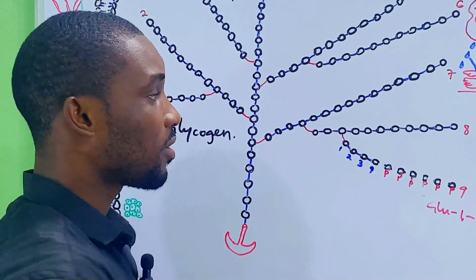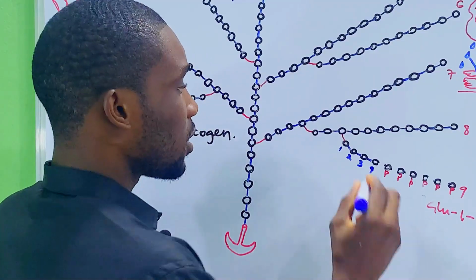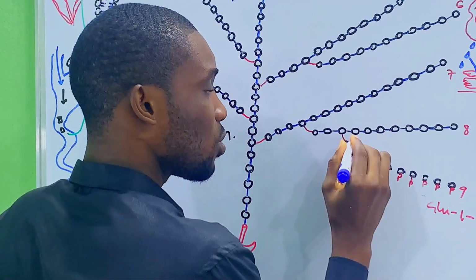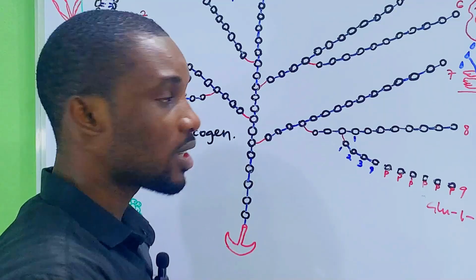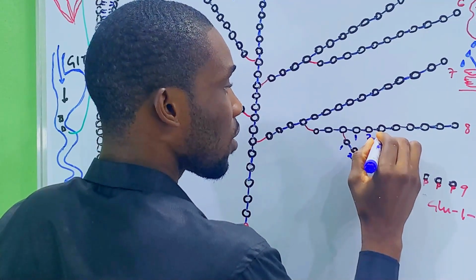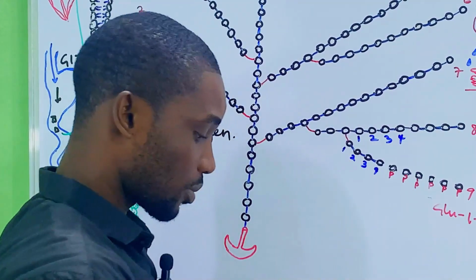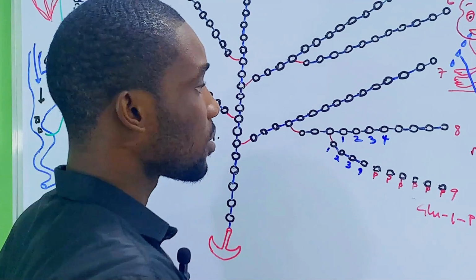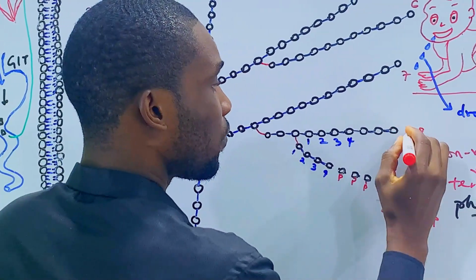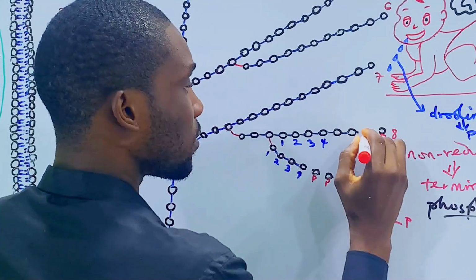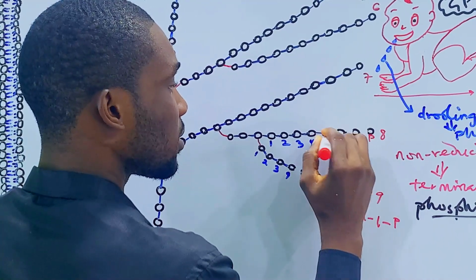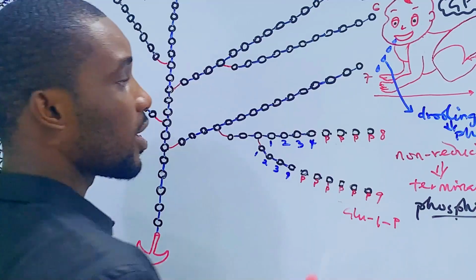So you can count it with me. This is the first glucose molecule from the branch point, right? Second, third, fourth. So what happens? Phosphorylases, phosphorylases, phosphorylases, and phosphorylases.